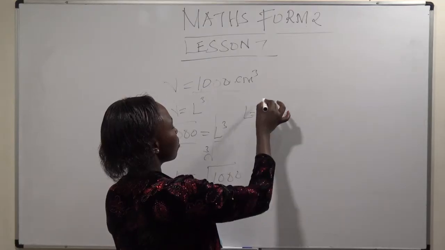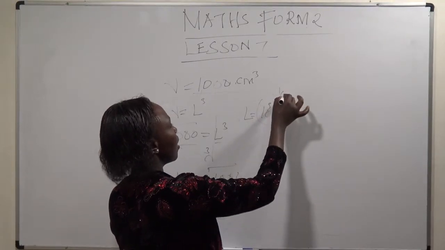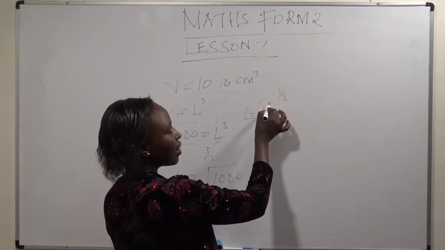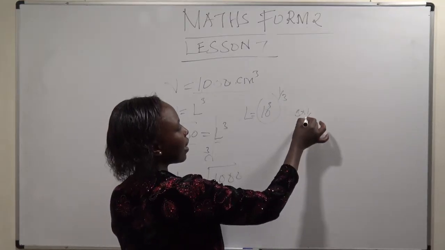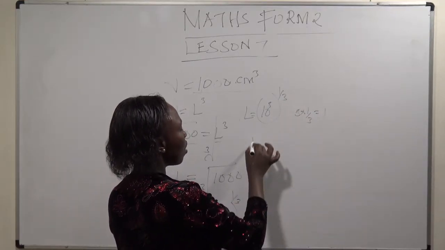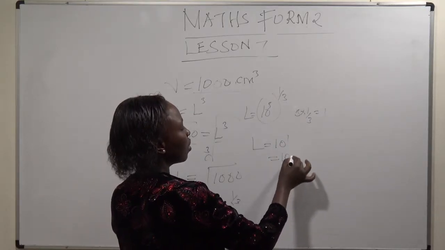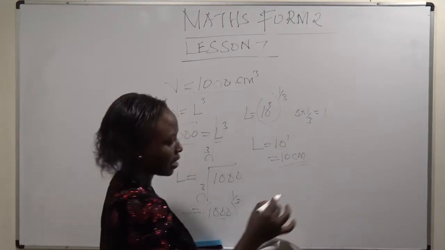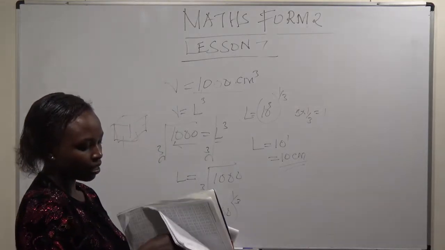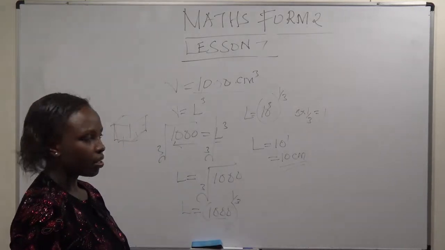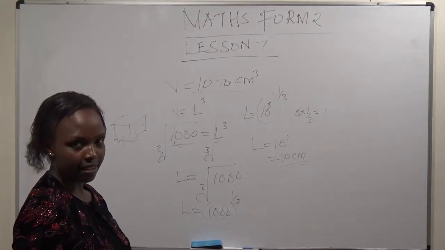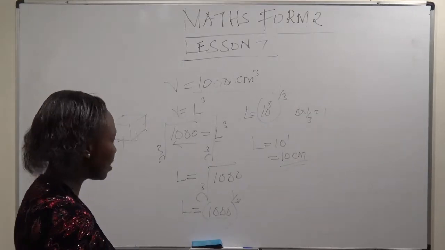So our range is equal to 10 cubed to the power a third. When you multiply 3 by a third, you get 1. So our range is equal to 10 to the power 1, which is equal to 10 centimeters. So the range of that cube, you are supposed to get 10 centimeters.